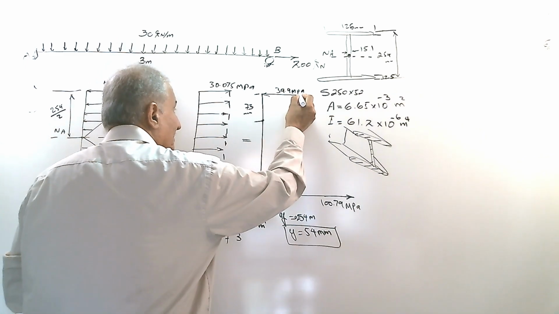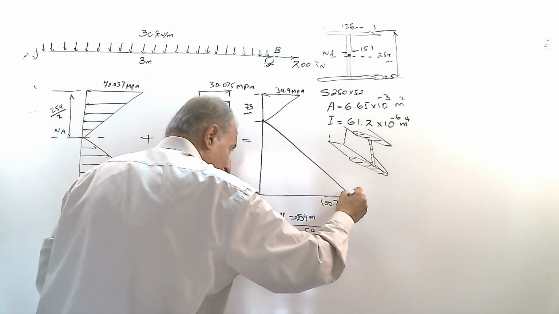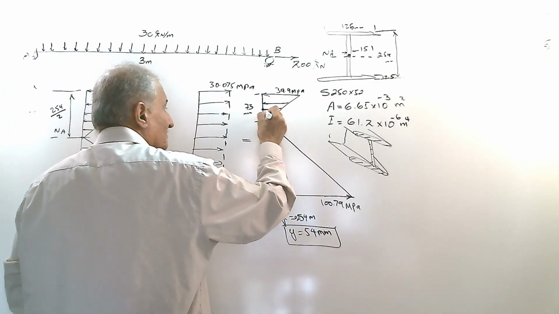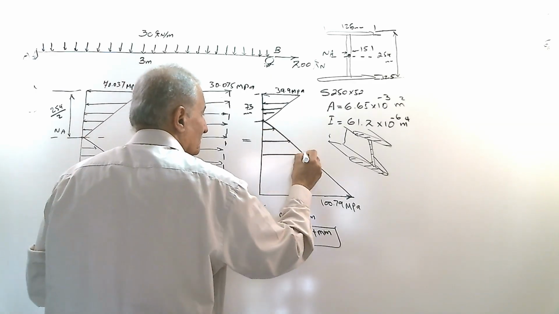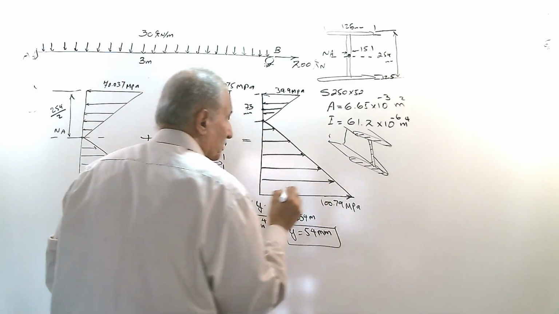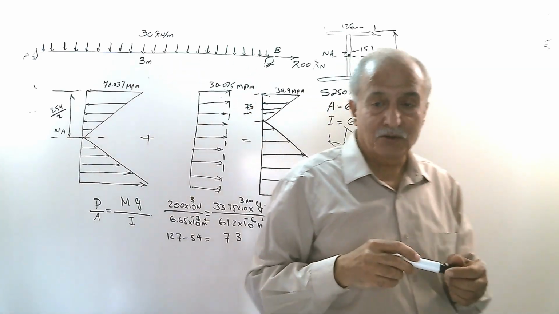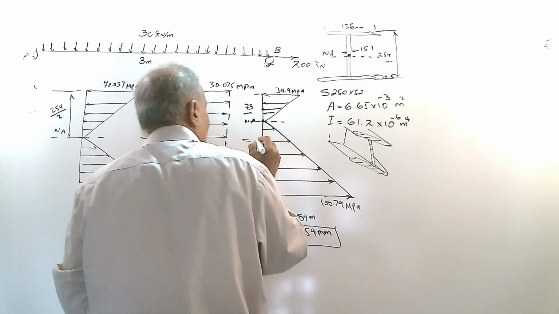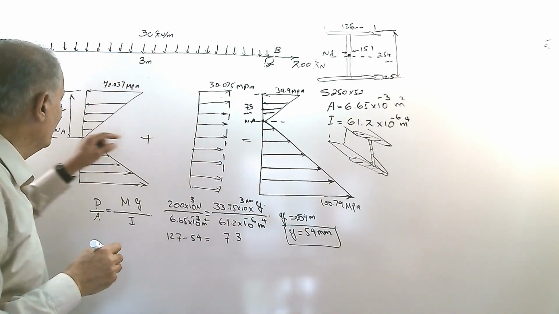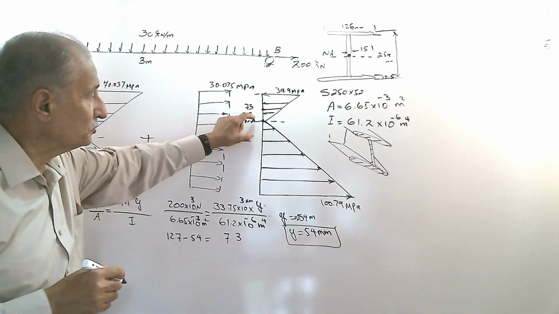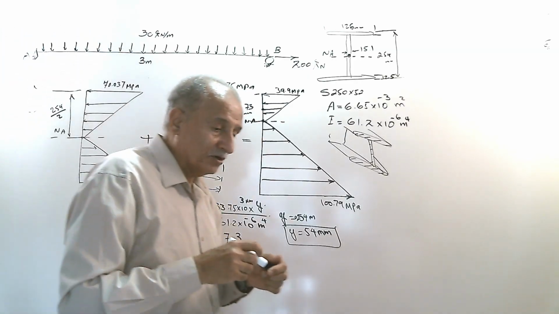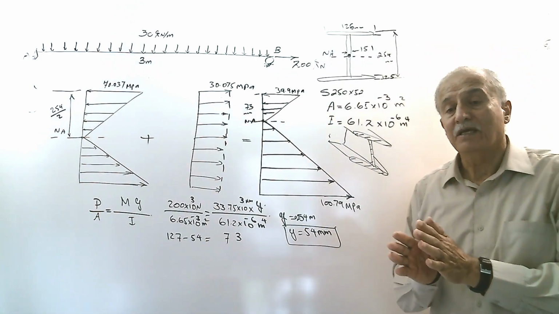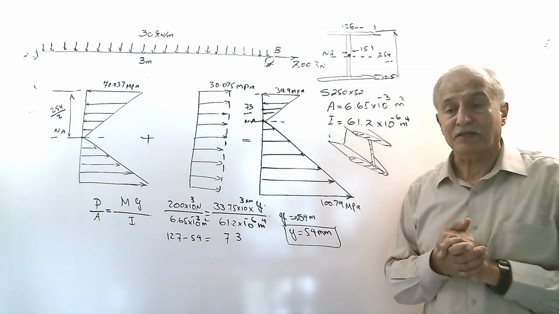That's the new neutral axis. That's the distribution of stress inside the material. And this 54 was the distance between the previous and the new, current neutral axis: the neutral axis for bending only, and the neutral axis for the combined stress.